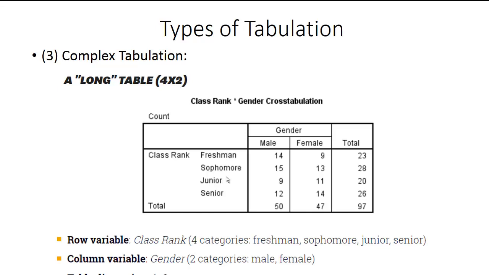Okay, and another one, the familiar larger category, which has 2 subcategories, gives us the 2. So we have 4 by 2. It's a more complex table than the one we have actually built. It's called a long table, 4 by 2.